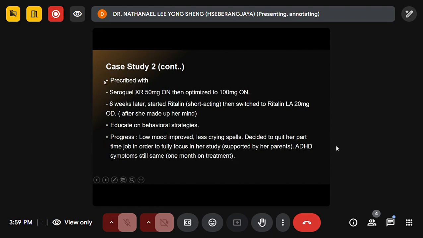However, because she has only had a few appointments, her ADHD symptoms report is still the same, as she is only on 20 mg OD. So I plan to optimize her Ritalin dose further.